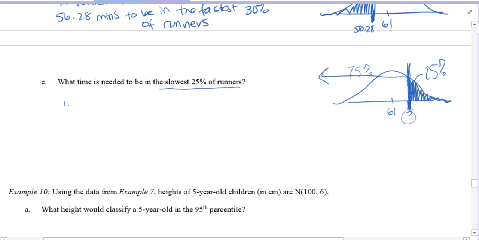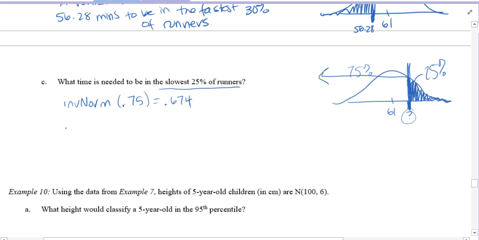Okay, so again, we do this because inverse norm only does the percent to the left. There's no way to fix that. So that's all we're going to do. Inverse norm 0.75. So again, go ahead and find that in your calculator. So you're going to get 0.674.